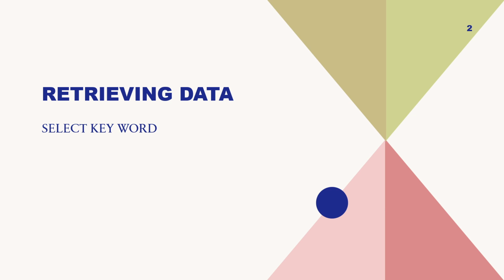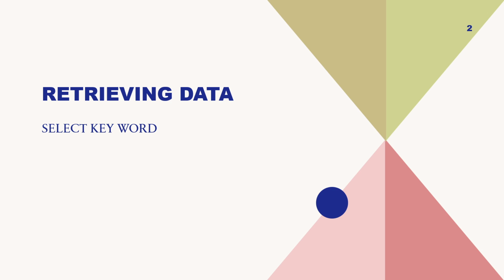Where are you retrieving data from? Data is retrieved from different tables that you have. So assuming you want data about employees, where do you go specifically? You go into your database and you look at the table where you have that information.